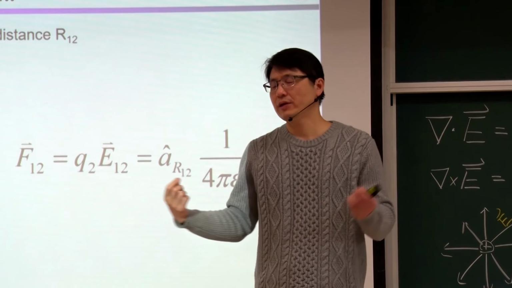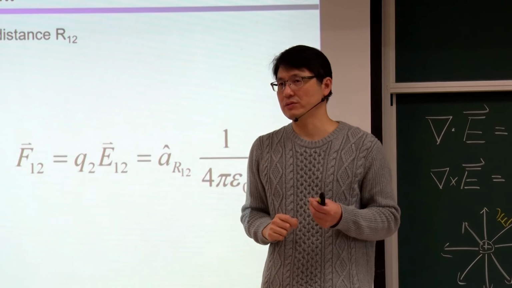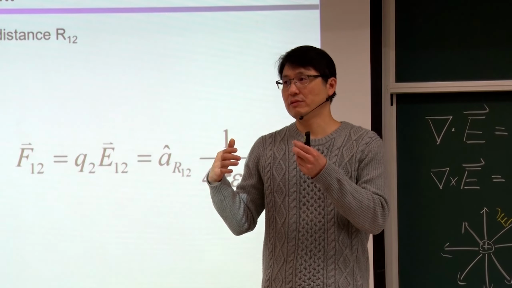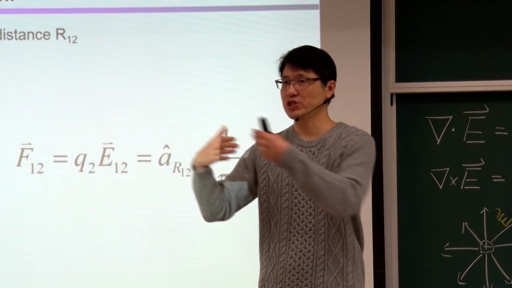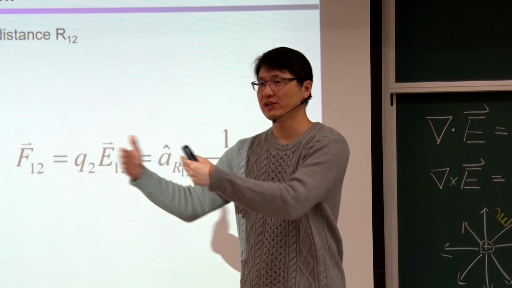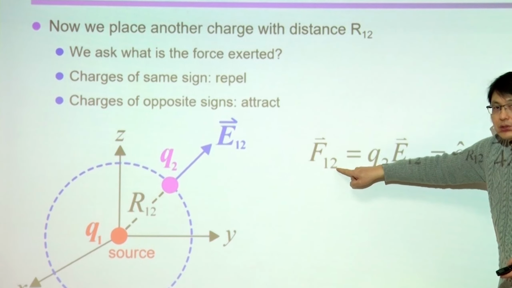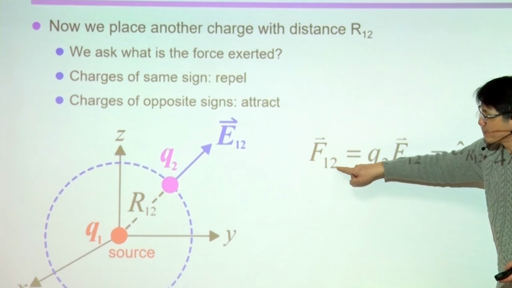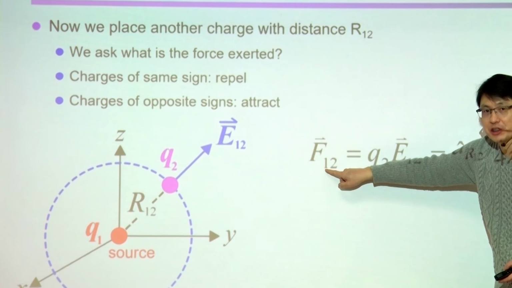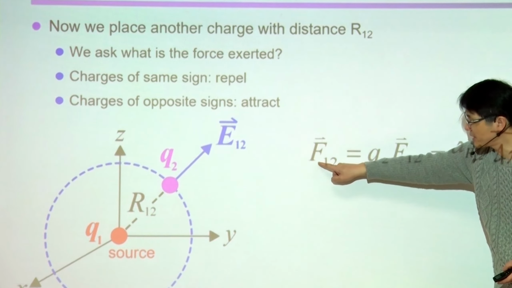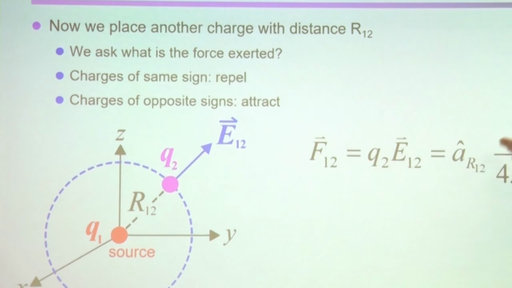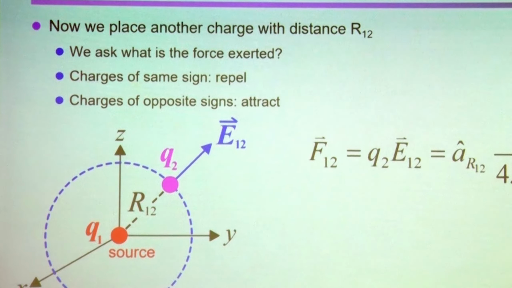It is saying if you have two charged particles, then they each exert some kind of force on each other. So the force felt by charge number 2 due to the presence of field created by charge number 1, F12, will be this amount, this quantity.